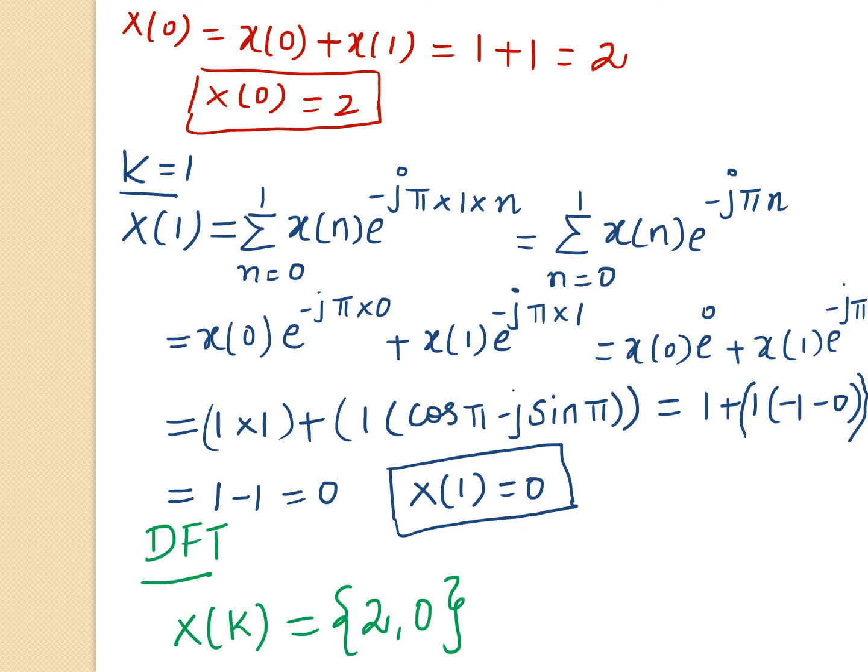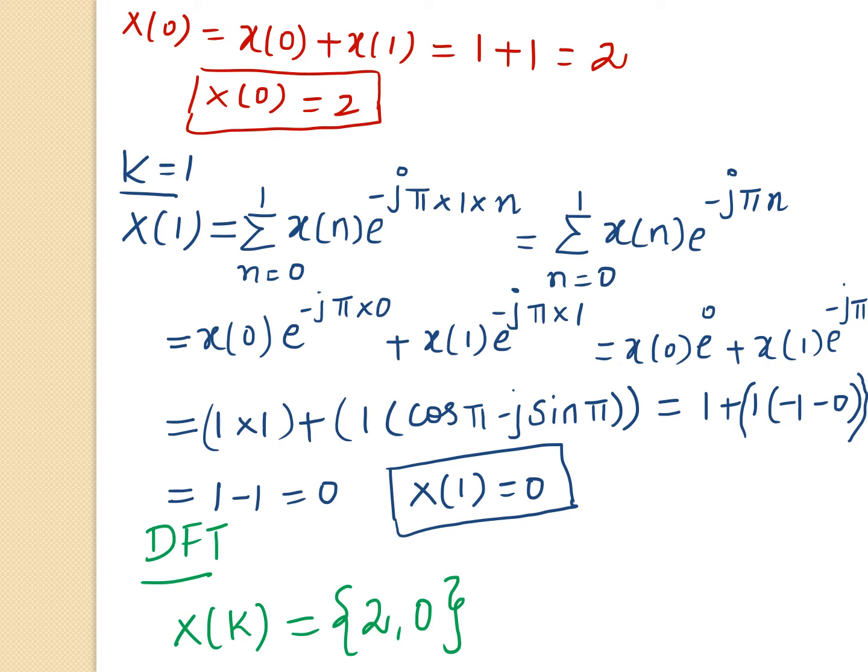So this e power minus j pi into 0, the first term becomes e power 0. So x of 0 into e power 0, and here we get x of 1 into e power minus j pi. So x of 0 the value is 1 we know, and e power 0 the value is 1.